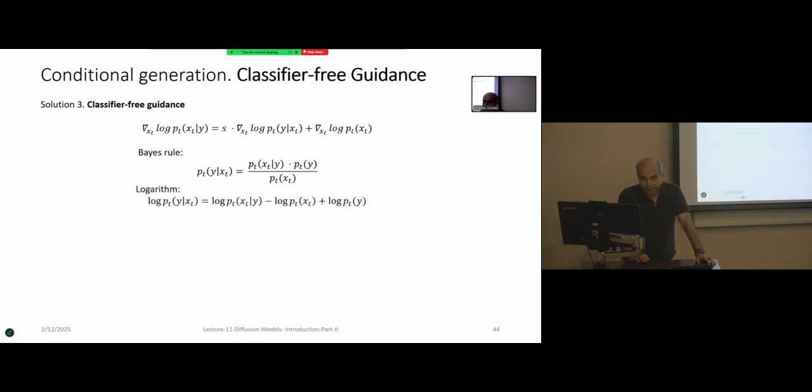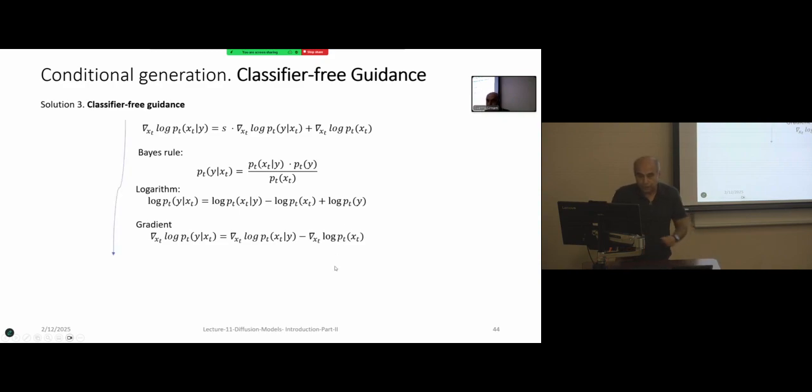So let's take the logarithm of that, it becomes like this, and then we take the gradient, and we did this before, because here the term does not depend on x, so we will make it 0.